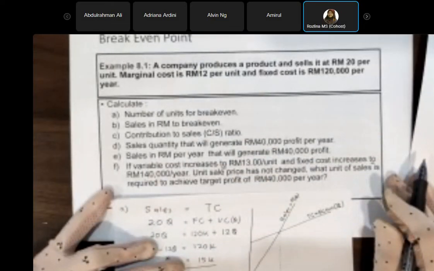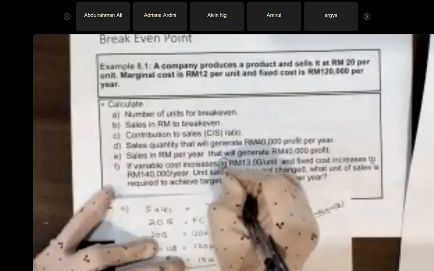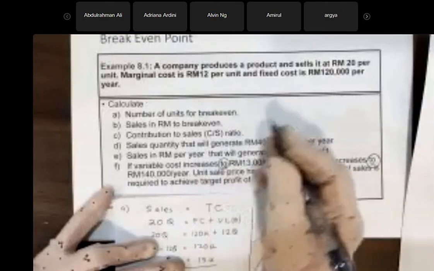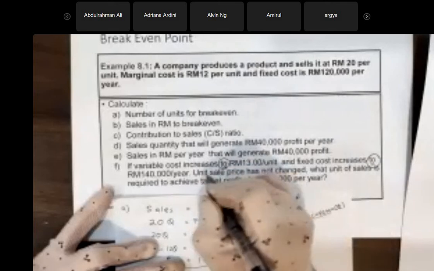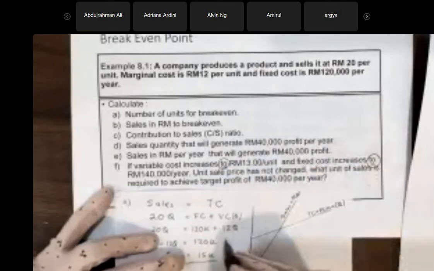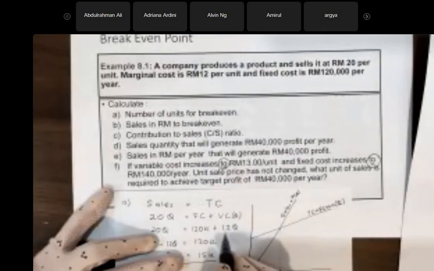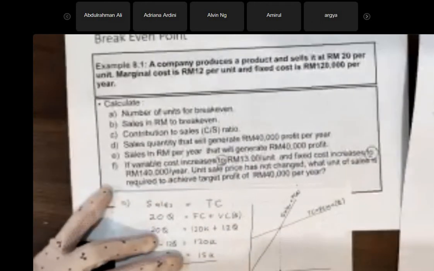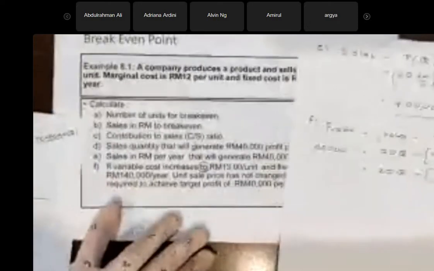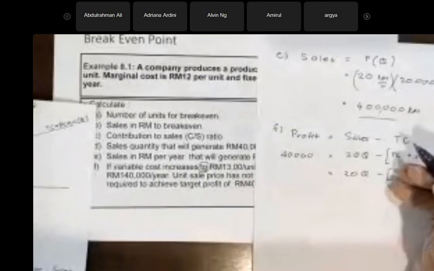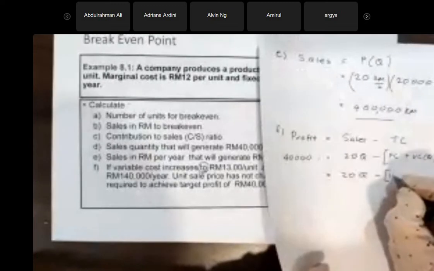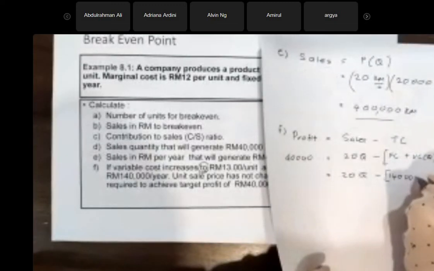It's 140, because the word is 'to'. If the word was 'by', meaning increase by 30 ringgit per unit, you would add. For variable cost, instead of 12, you use 13. So you just use this number, no need to add, otherwise you may get confused.